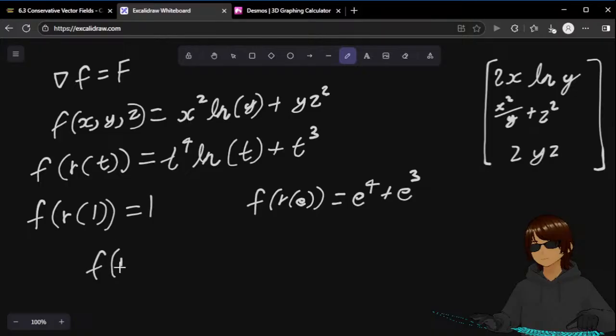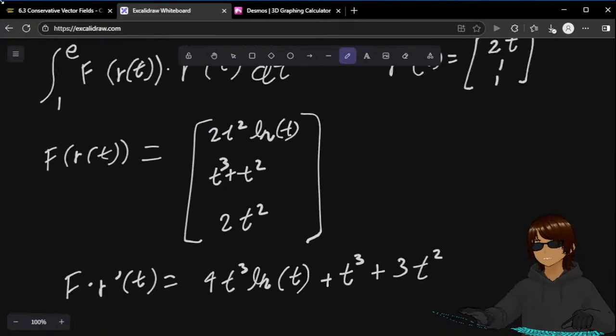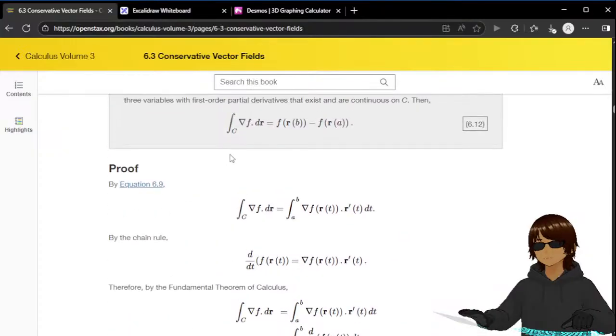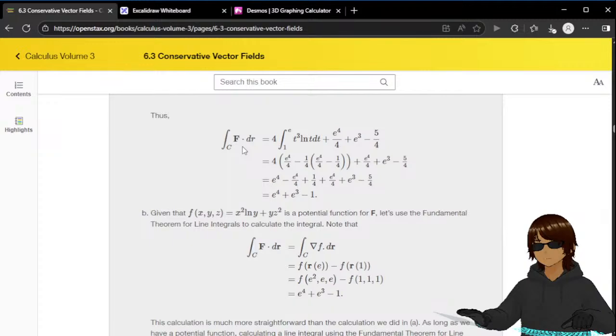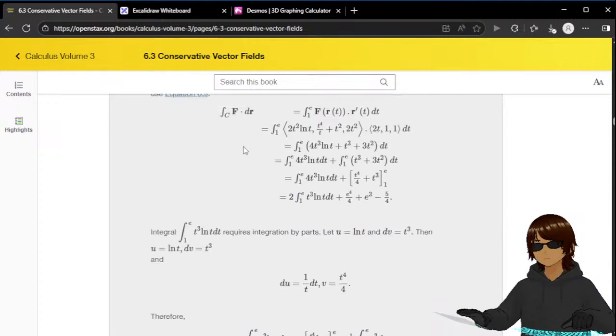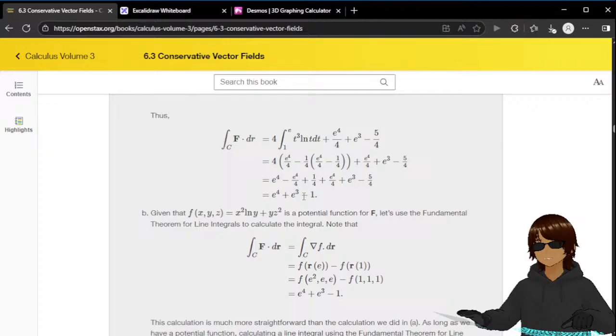So minus, we get 4, 3, 1. This is with the theorem of line integrals. Okay, so they got this answer.